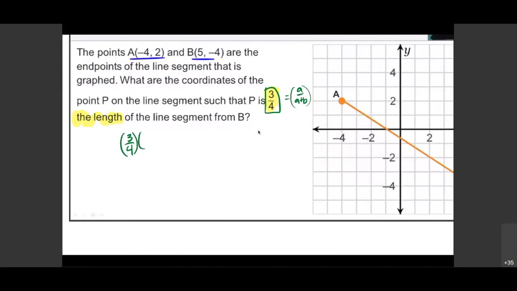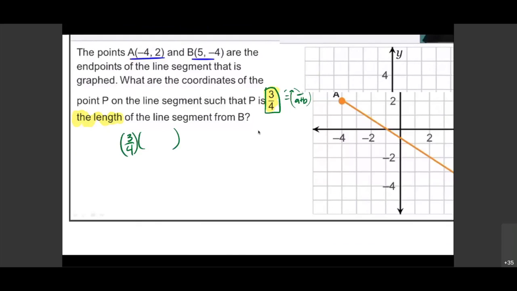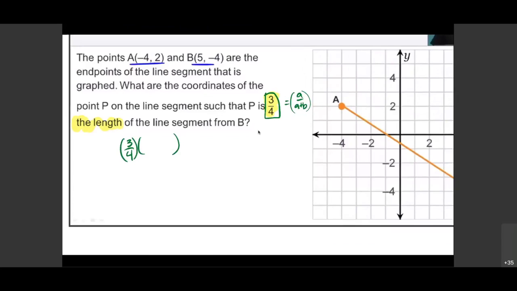And if we are finding our X value in this question, they did say from B. When they say from B, that means that B must be your X1, Y1. So you want to be really careful: if they say from a certain point, that's the first point. And so that means that A is going to be our X2, Y2.